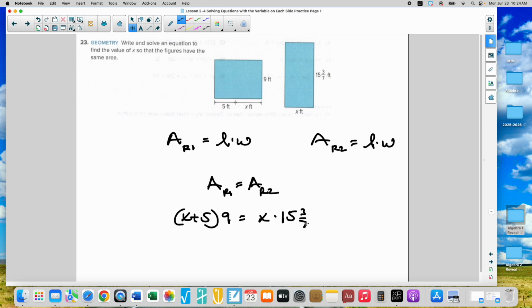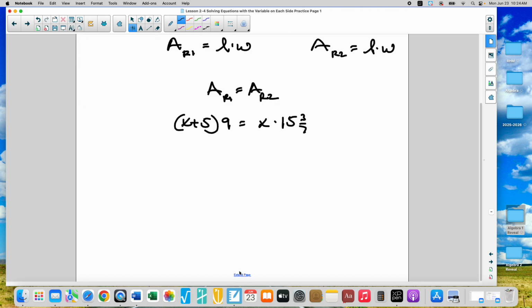15 3/7. That's just yuckiness right there. So we have 9x plus 45 equals 15 3/7 x. I was going to change that to an improper fraction, 108/7 x, which is so yucky.